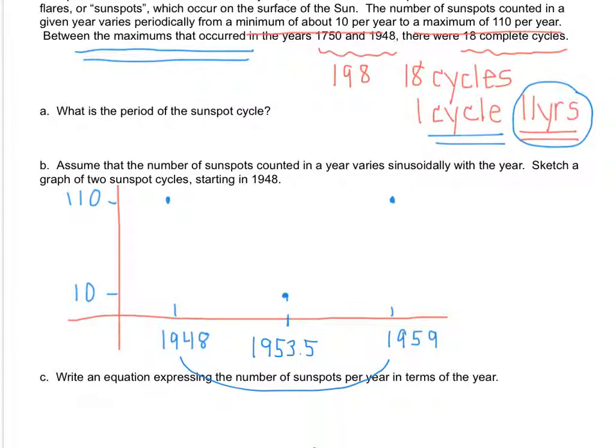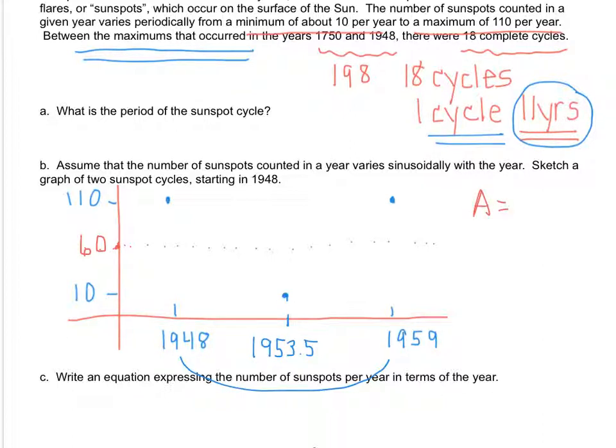So now we go on and we need to find our midline. Remember, the midline is the distance halfway between our max and our min. So halfway between 10 and 110 is 60. That will help us find our amplitude.